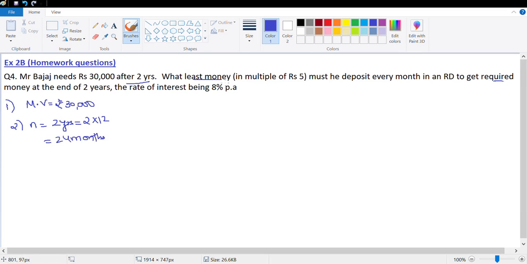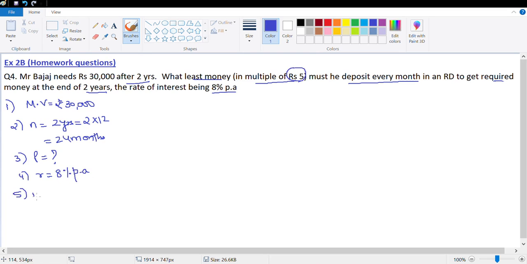What least money in multiples of rupees 5 must he deposit every month? Which means principal is what we need to figure out, the least money he needs to deposit in an RD to get the required money at the end of 2 years, the rate of interest being 8% per annum. R is equal to 8% per annum, and we are looking at the principal in multiples of 5.